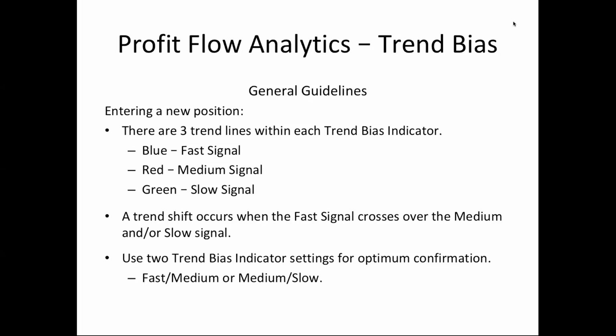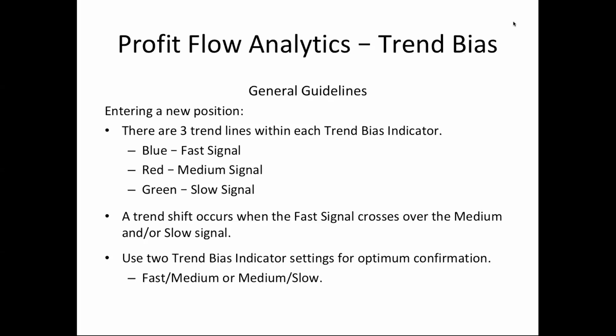The other thing about trend bias and the way we have incorporated it into the Profit Flow Analytics chart is we use two trend bias indicators. One of those trend bias indicators is set at fast and the other is set at medium if we are trading shorter time periods.